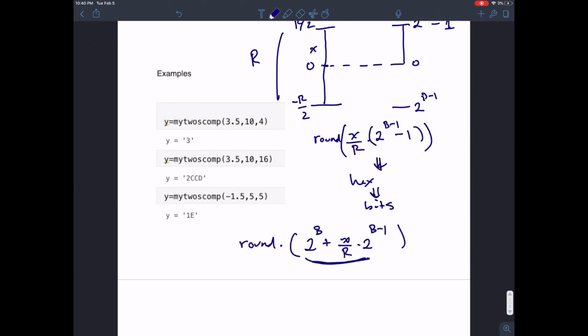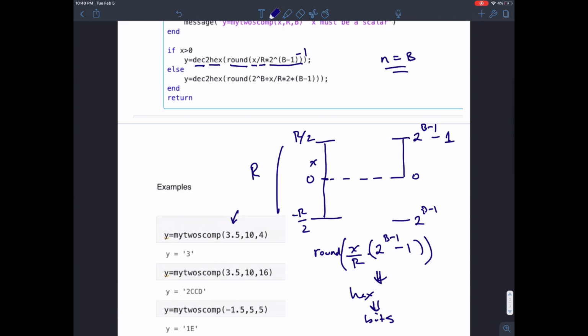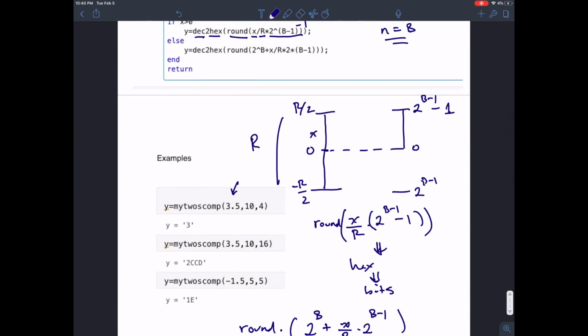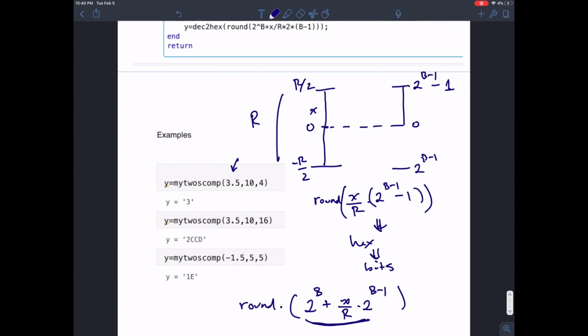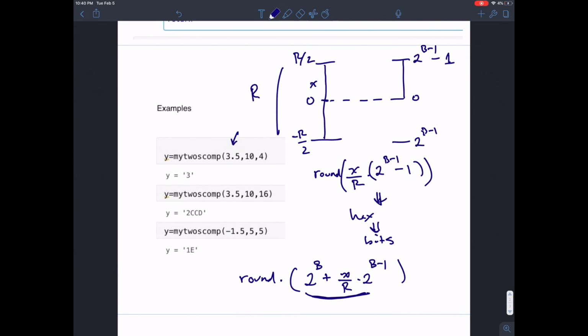This was actually a homework problem, or an example problem from the book. You take 3.5, the range is 10. So you take 3.5 and divide by the total range r, and you scale that by 2 to the 3rd minus 1.